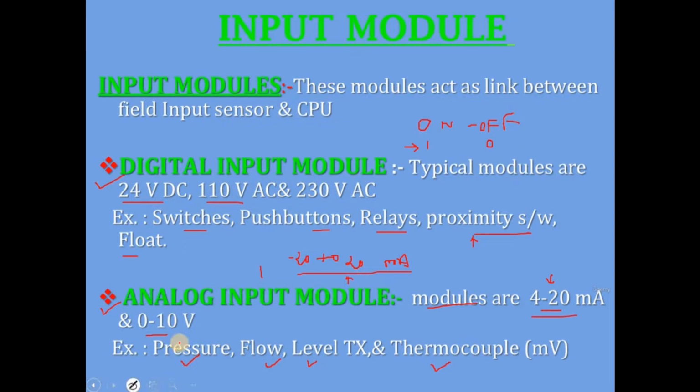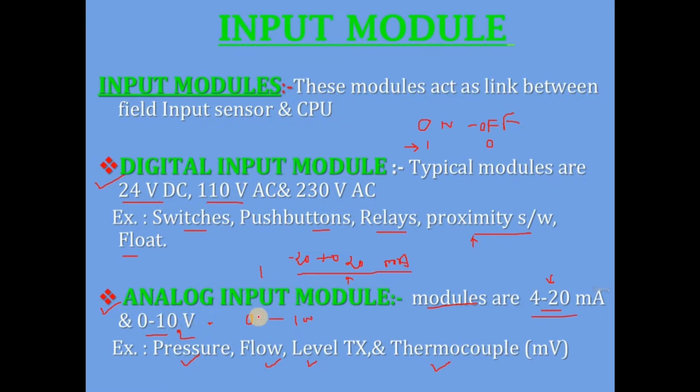Similarly, 0 to 10 volt is an analog voltage range. If you just want to know the positive value coming from the field, for example a temperature range between 0 to 100 degrees Celsius, you can go with the range 0 to 10 volt.